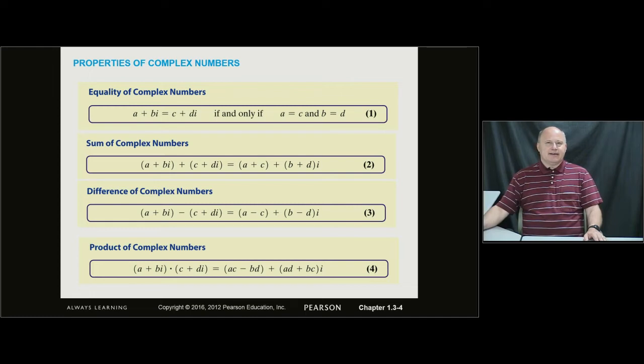So that's where the negative bd comes from. So ac minus bd. And then, of course, a times di and c times bi is the last part. It's a FOIL technique, which is a little bit more complicated than just adding or subtracting complex numbers, but you just have to remember that when you're multiplying them, you FOIL them out.